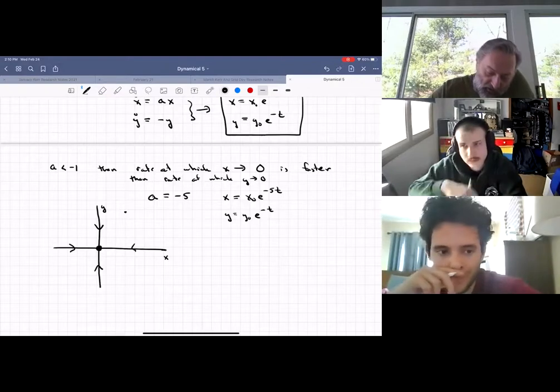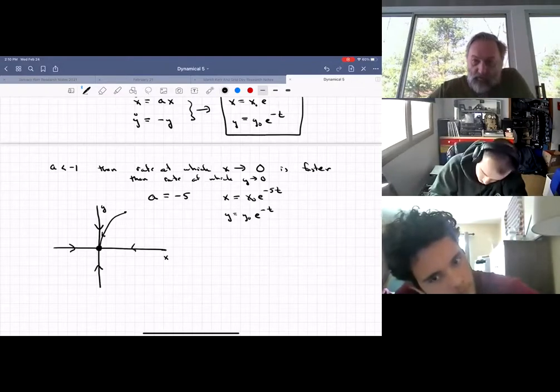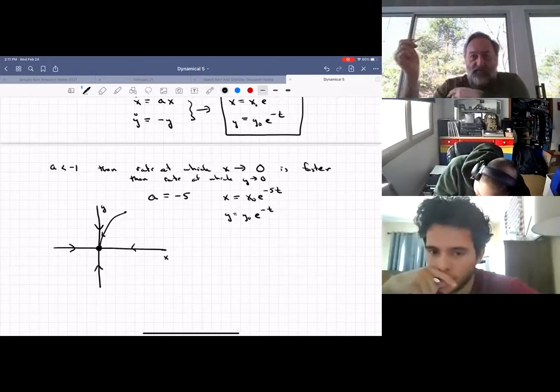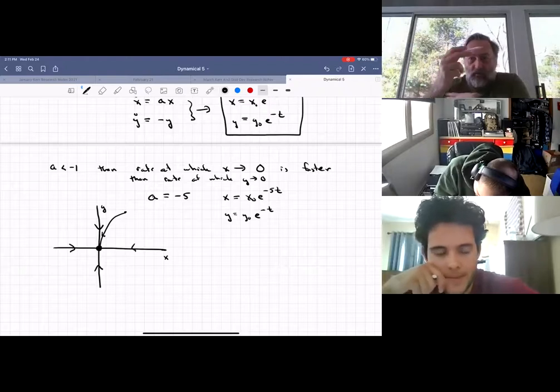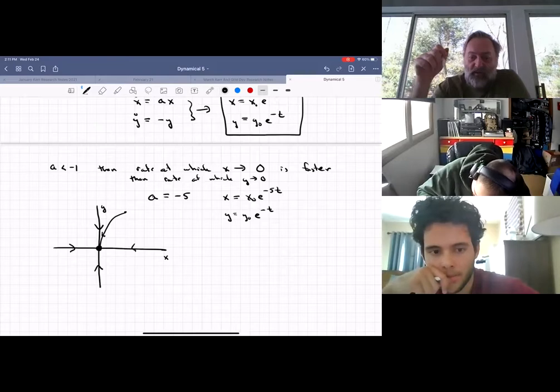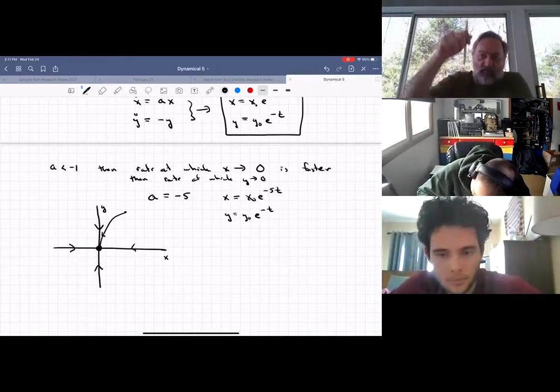So I'm going to come into the origin this way. See, moving left is making x go to 0. Moving down is making y go to 0. Because x is e to the minus 5t, I move left faster than I move down.